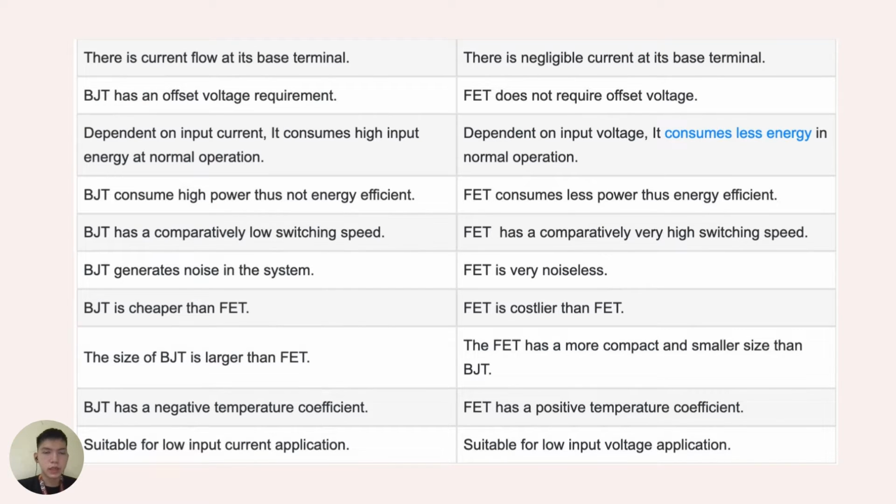In a BJT, current flows at its base terminal, while in the FET there is negligible current at its base terminal. The BJT is suitable for low input current applications, while the FET is suitable for low input voltage applications.